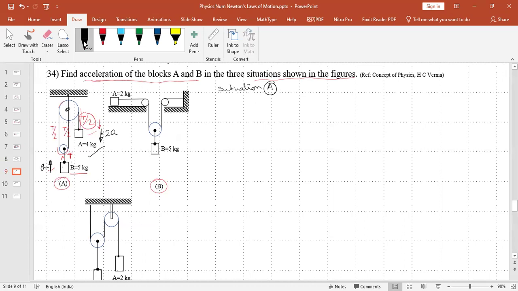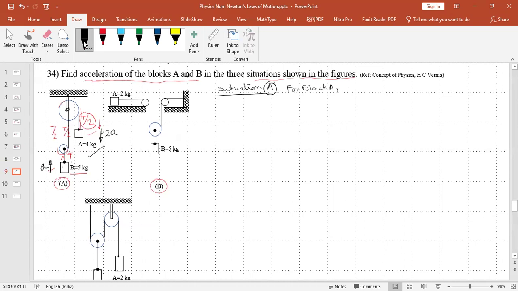Equation of the block A. In the situation of A, we write block A. For block A, we find the downward force is 4g.